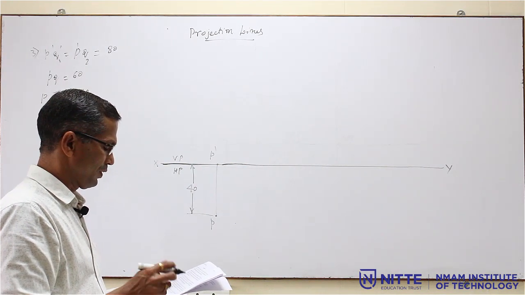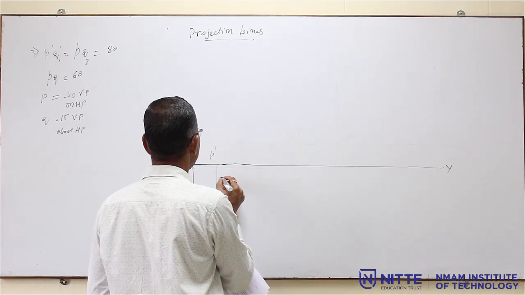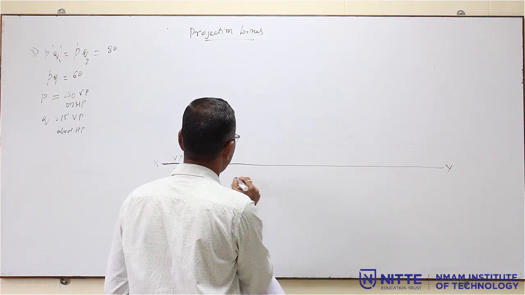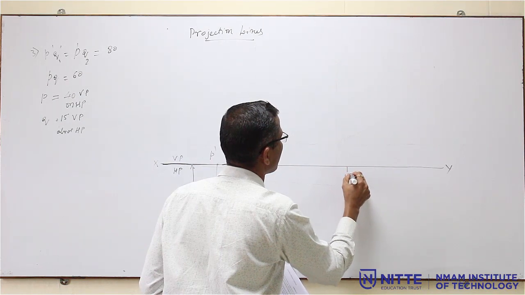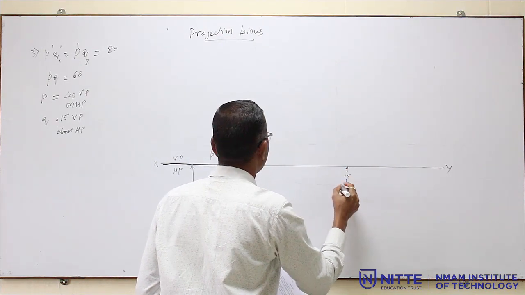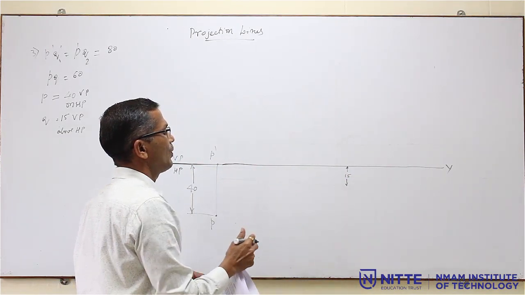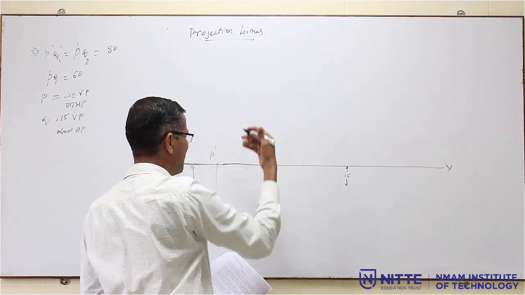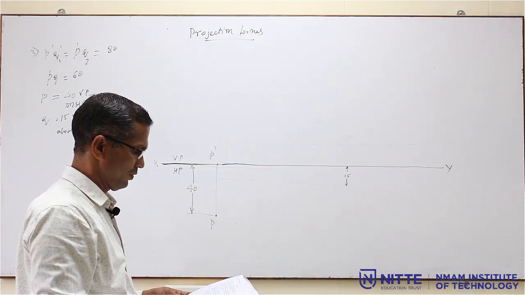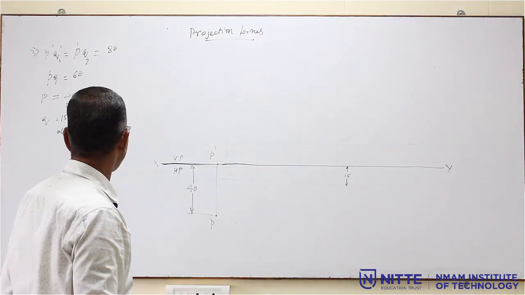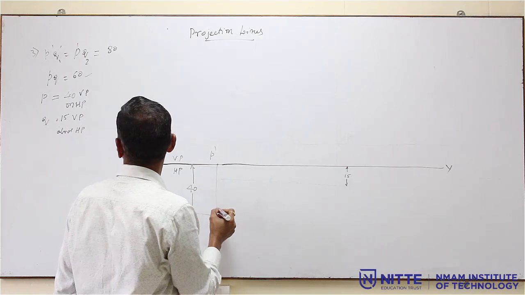There is one more piece of information. The end Q is 15 mm in front of VP. That means from here you have to draw one more light line like this, and this distance is 15. So, on this line the Q should be there, that becomes the locus of Q, and it is above HP. Above HP they have not given any distances. So, this is the information given. Now, the top view length is given, that means the length of PQ is 60 mm.